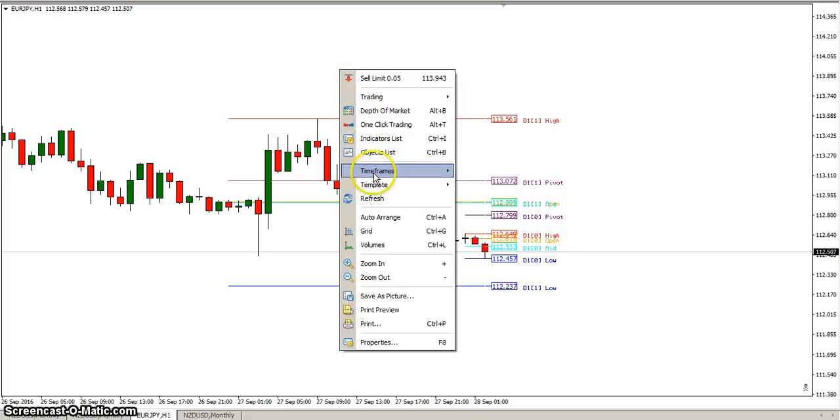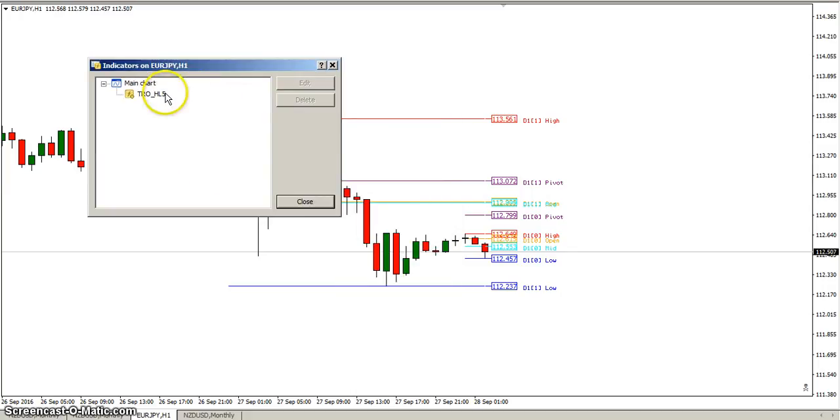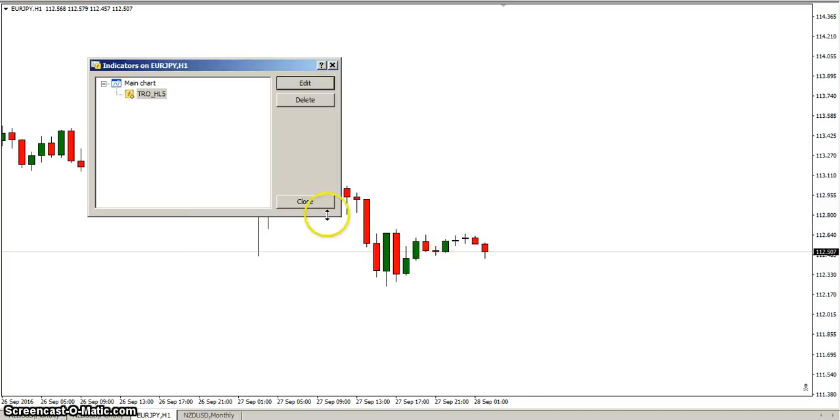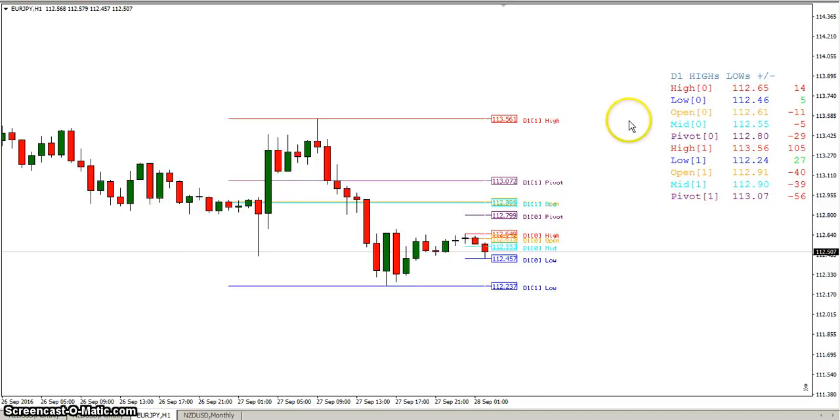And what else can we do? Well, having all those lines up there can sometimes get confusing, so we can also turn on the gauge. The gauge tells you the price of the lines and also how far price is above or below the lines.